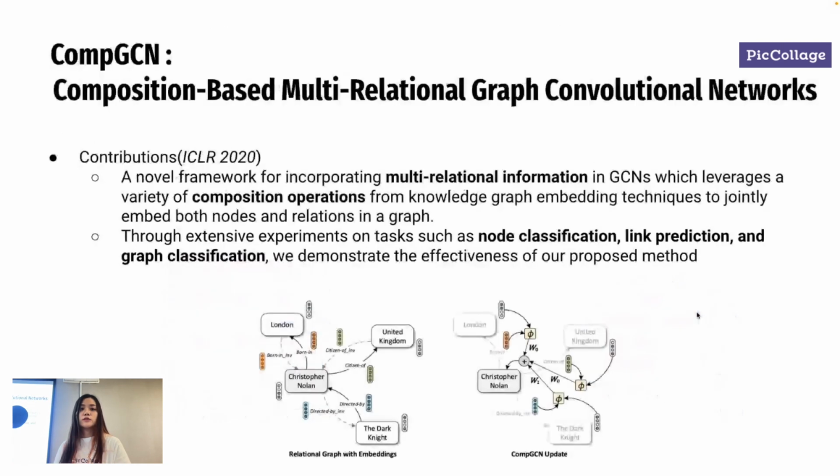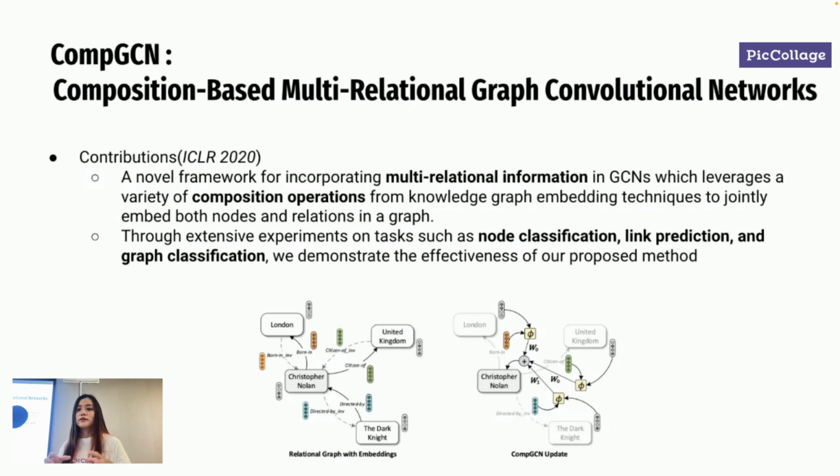So we use this model called CompGCN, which is a paper in ICLR. And why do we use this? Because it has many good parts. The first good part is that it can get the embedding for both the nodes and the relations. And because it uses composition operations, it takes less time to do the message passing.